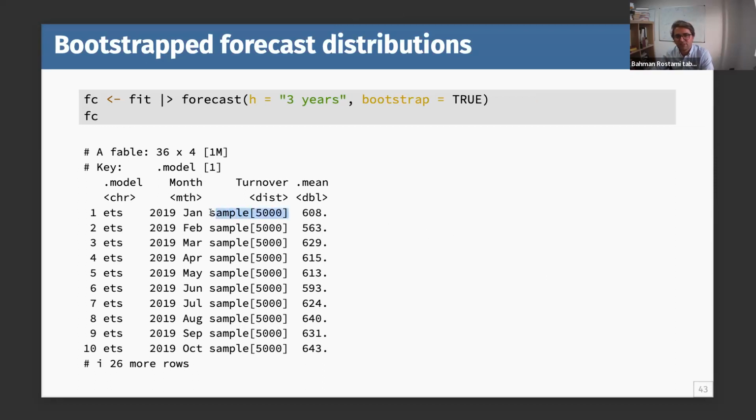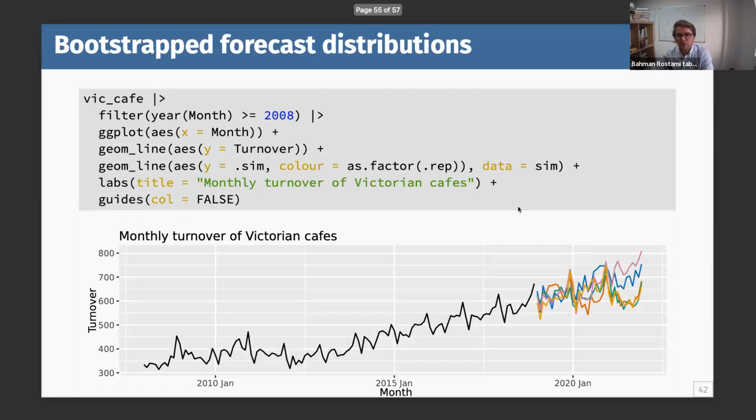It'll pack them inside this sample. So that's one purpose I used generate for, just to visualize it like that. I don't know if there is any other purpose that Mitch is aware of.